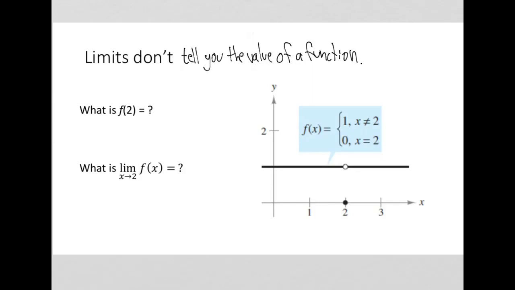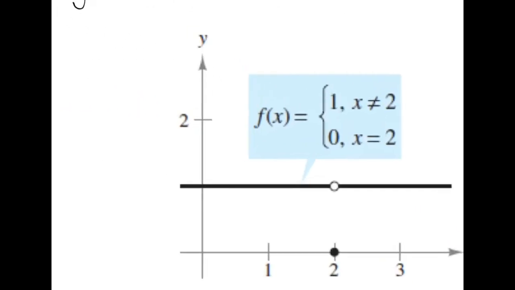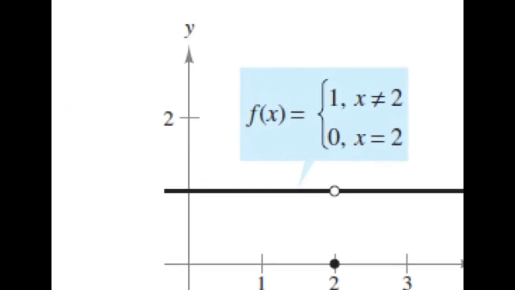Well, f of 2 is the value of the function at 2, and it's defined as 0. So f of 2 is 0, but that does not mean that the limit is 0, because the limit is telling you where your graph is headed. And by all accounts, this graph from the left-sided limit is heading right there, and the right-sided limit is heading to that same point with a y value of 1.